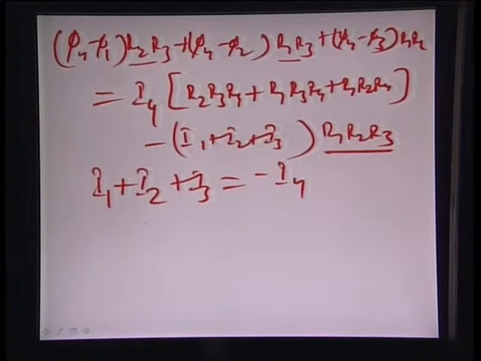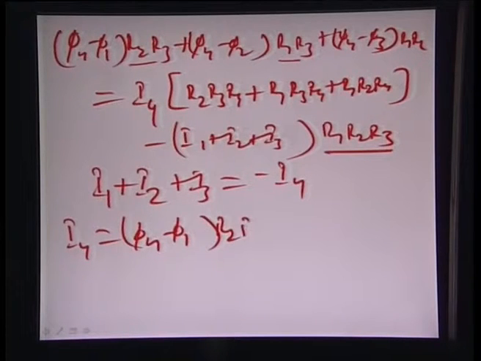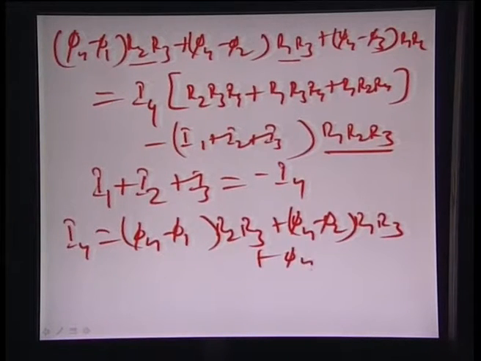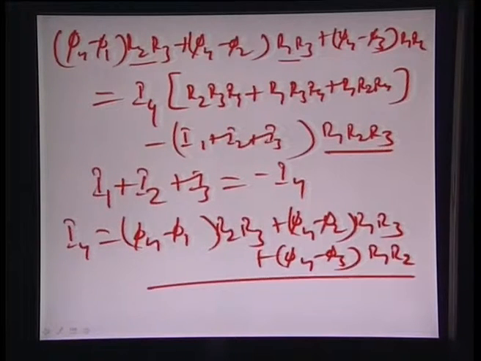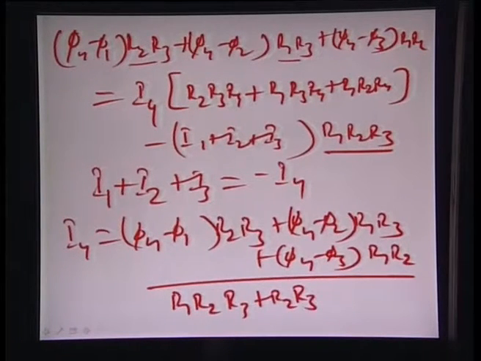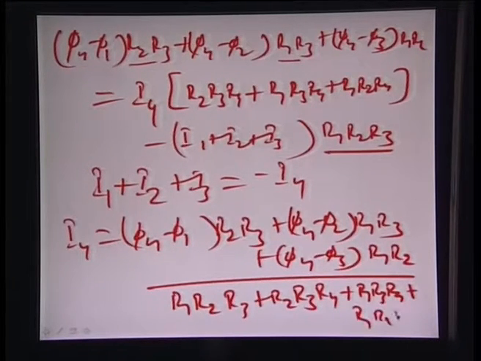So we can easily take out I4 here, and I4 comes out to be equal to phi 4 minus phi 1 times R2 R3 plus phi 4 minus phi 2 times R1 R3 plus phi 4 minus phi 3 times R1 R2, divided by R2 R3 R4 plus R1 R3 R4 plus R1 R2 R4.